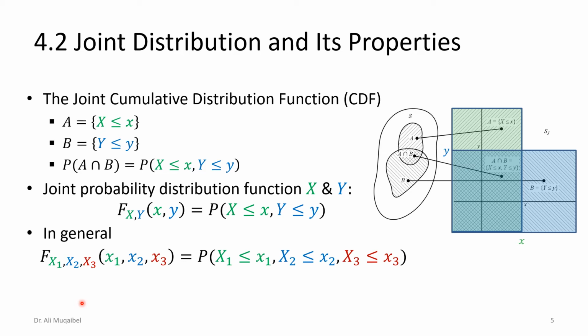In general, if you want to generalize for more than 2 variables, then F of x1, x2, x3 is the probability that all the variables are less than a given specific value. So just like we have a CDF for one random variable, now we extended this to 2 or even more, and in the subscript we write the name of the random variables, and here the values that we have.